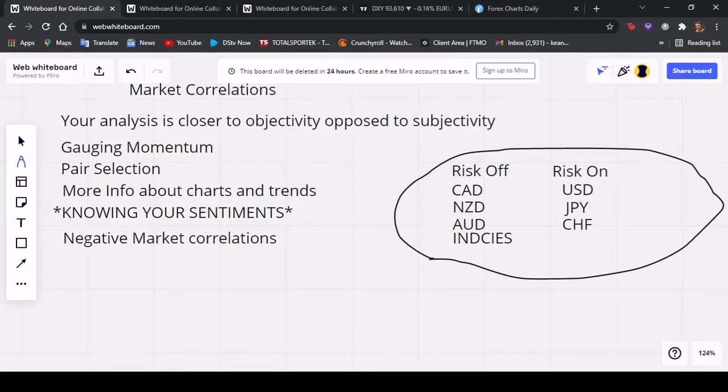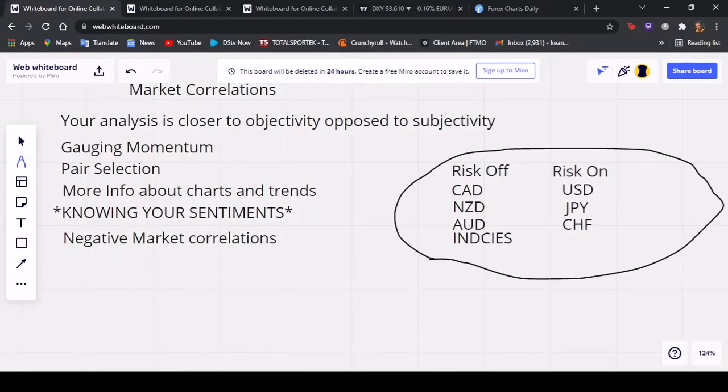Pair selection. So this is also a big one. With knowing your market correlations on the day, you'll have information on what is the best pair to trade. And what I mean by the best pair to trade is if you get into that trade, the opposing pair that you're trading against has less resistance, meaning you won't have a lot of ranges and uncertainty about the market direction.